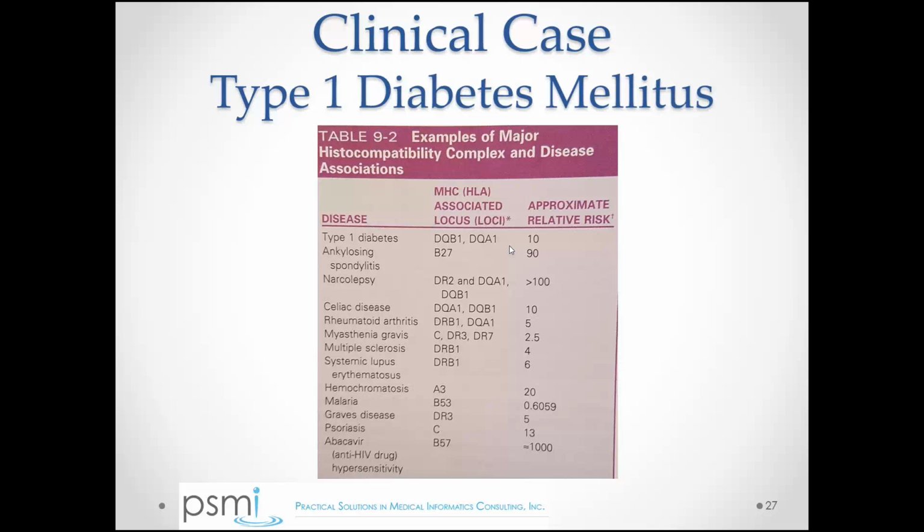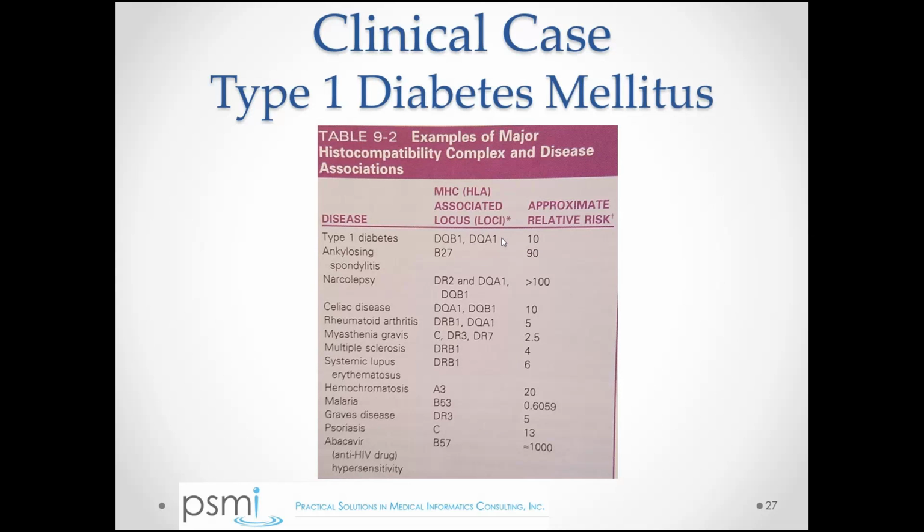A number of alleles were found to be associated with type 1 diabetes, in a number of different genes, but in particular, the strongest association was found in genes DQB1 and DQA1, and these are genes that code for HLA antigens.